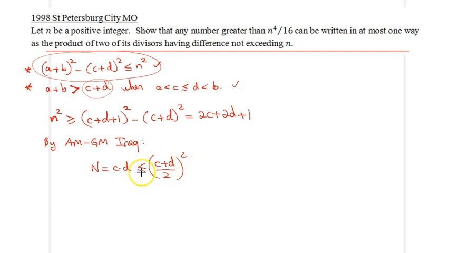We know this by the AM-GM inequality here, but then that's less than or equal to, using this condition here, obviously c plus d from here will give us that n squared minus 1 over 2 is greater than or equal to c plus d.